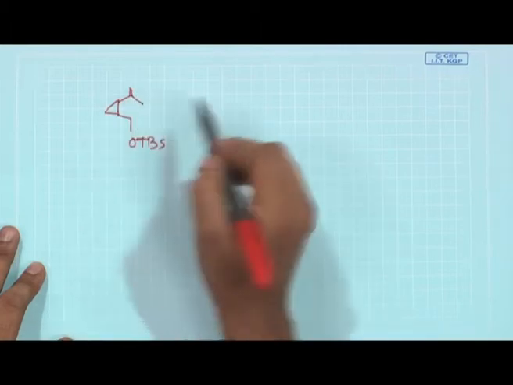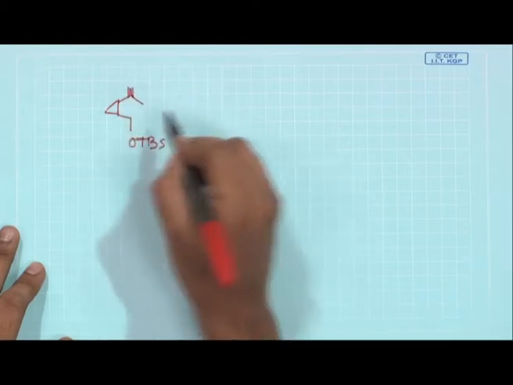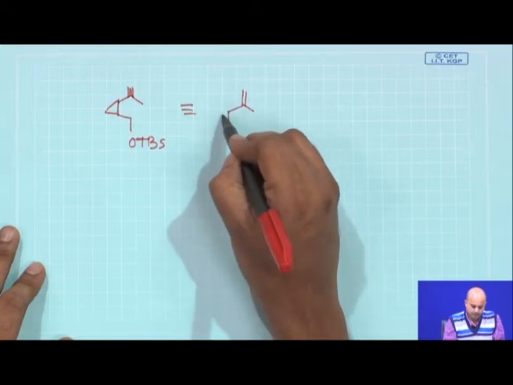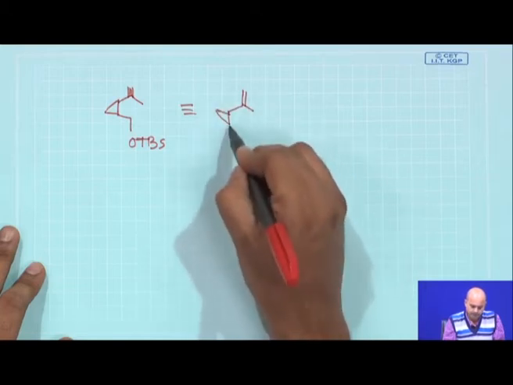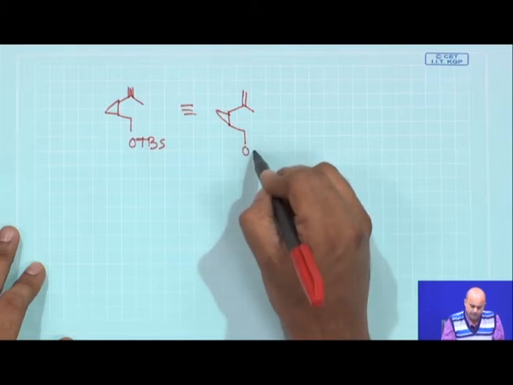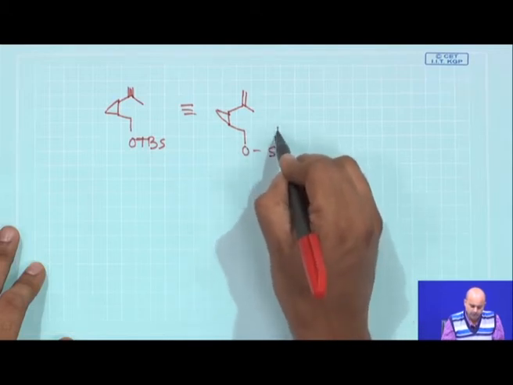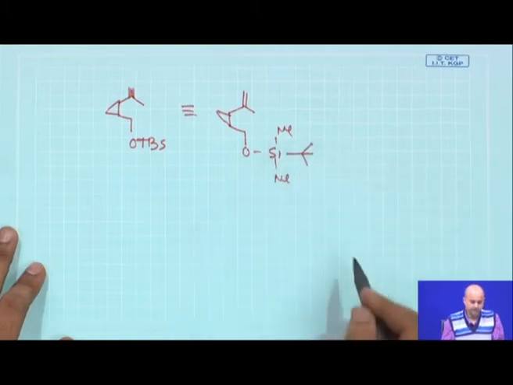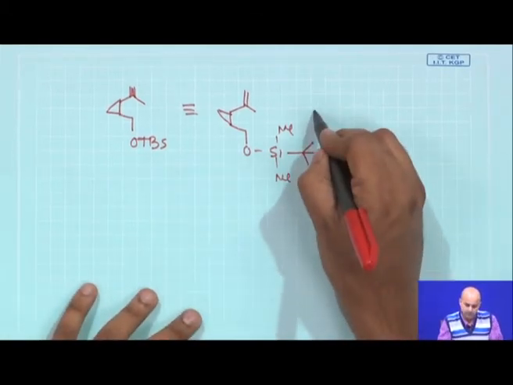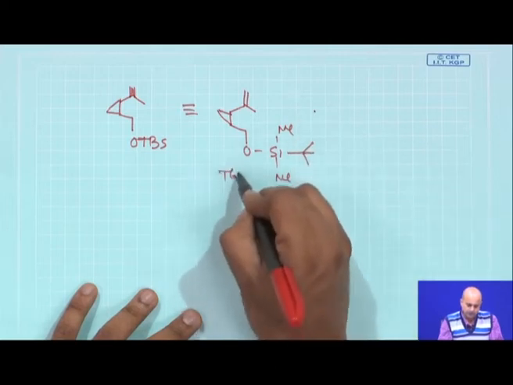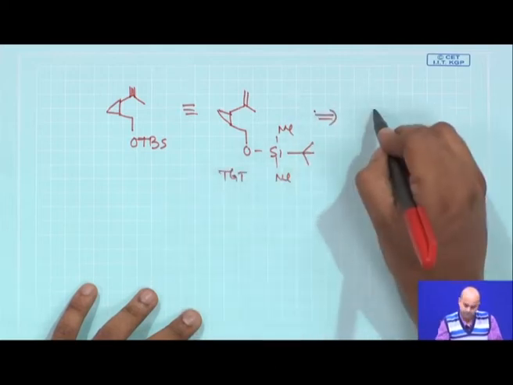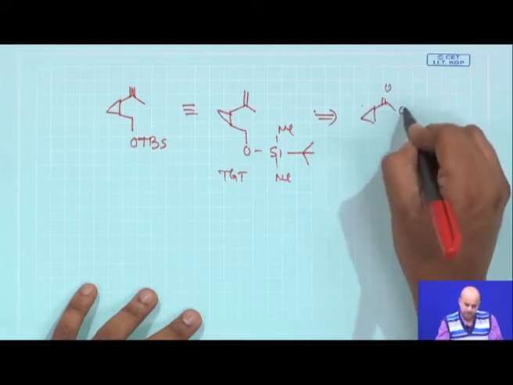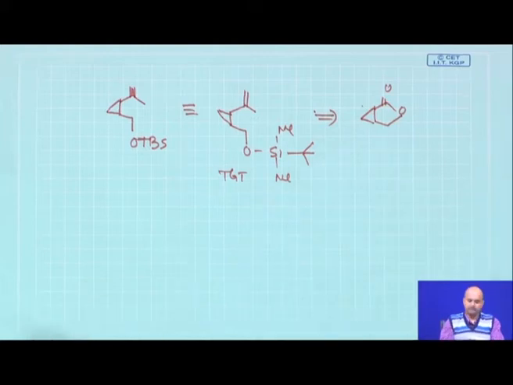Now, this is basically a double bond. We will again rewrite the structure. We put a cyclopropane here and OTBS. TBS is basically an alcohol protecting group, tertiary butyl dimethyl silyl. The starting material which was given to you is this lactone.